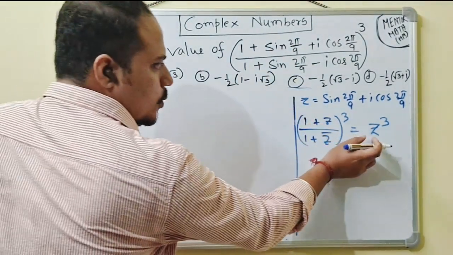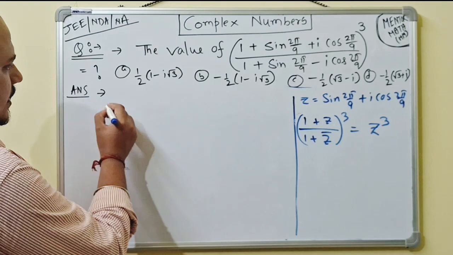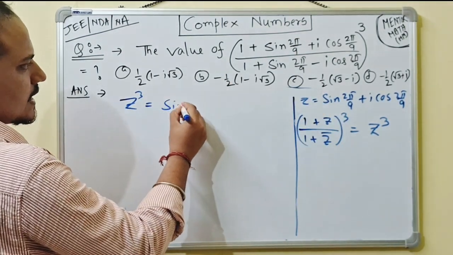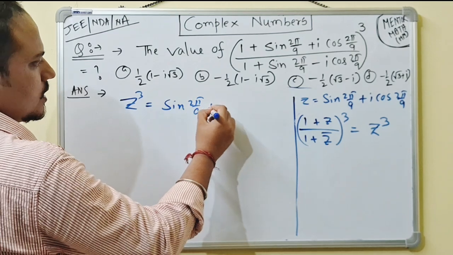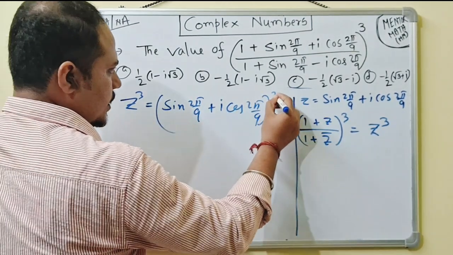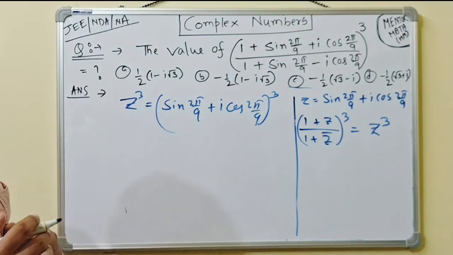Okay, so now you can put here the z value also. That means the given expression z cube is equal to sin 2π/9 + i cos 2π/9 whole cube. Now comes your de Moivre's theorem.